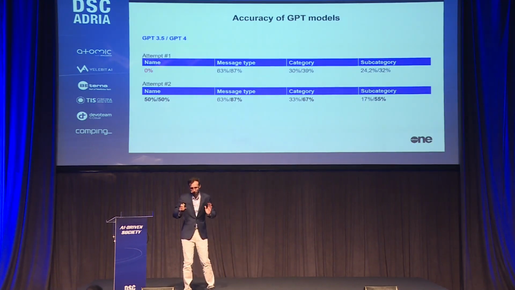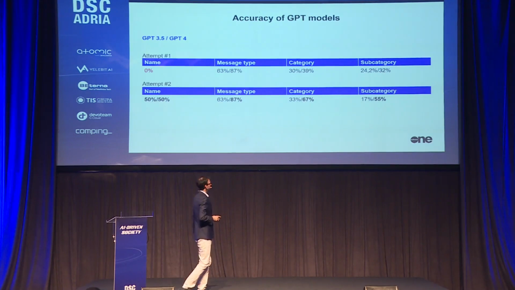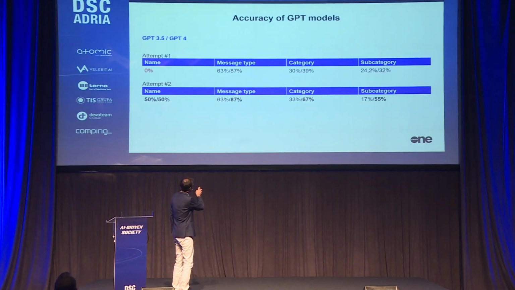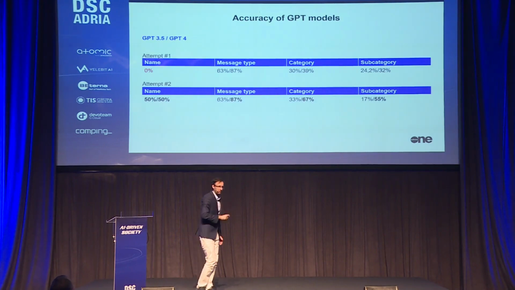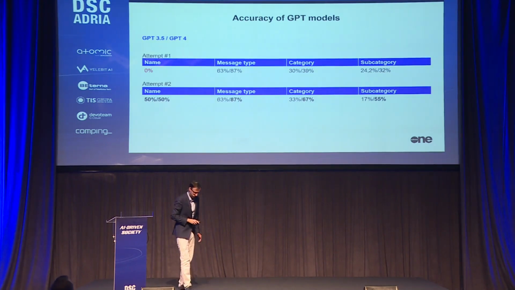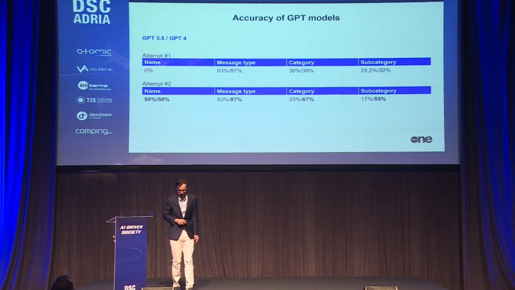This difference is much bigger, which you can see in the message type, in category, in subcategory, where the accuracy was a lot lower for GPT 3.5 than GPT 4.